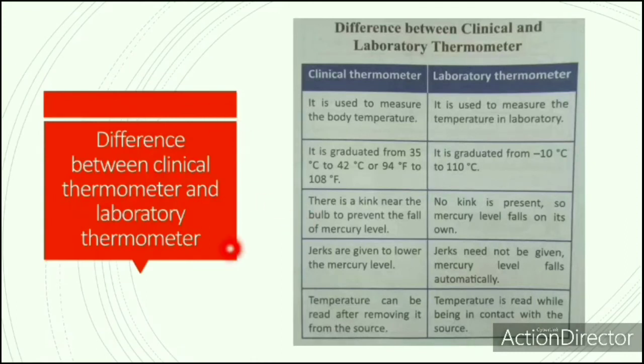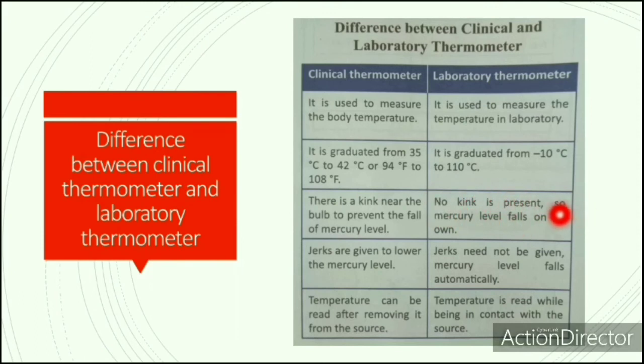Next, we will find the difference between the clinical and laboratory thermometer. First of all, the clinical thermometer is used to measure the body temperature, and the laboratory thermometer is used to measure the temperature in a laboratory. The clinical thermometer is graduated from 35 degrees to 42 degrees centigrade, and on the other hand, the laboratory thermometer has a range from -10 degrees to 110 degrees centigrade. The clinical thermometer has a kink near the bulb to prevent the fall of the mercury level, and the laboratory thermometer has no kink, so the mercury level falls on its own.